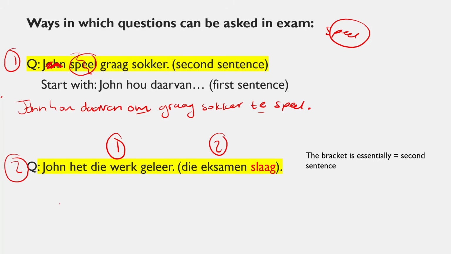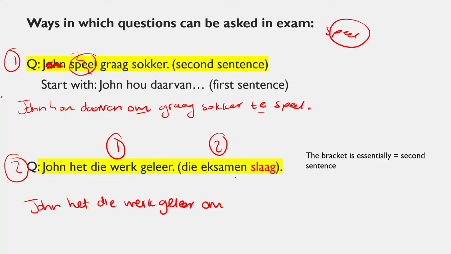So let's do it one more time. Write the first sentence as is. John het die werk geleer. Add om. Look at your second sentence. Remove any repeated pronouns or proper nouns. Then we look at the bracket because that is our second sentence, right? There are no repeated pronouns or proper nouns there, so we literally just skip that step because it's not needed in this question. Next step, we write the remainder of the second sentence as is.